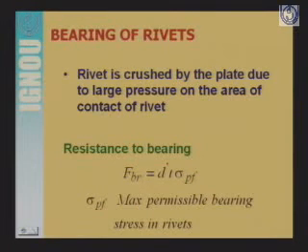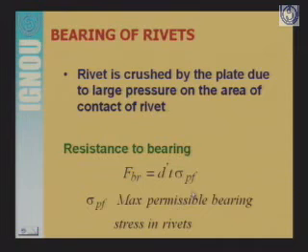Here we can calculate the resistance to bearing for the rivets by using this formula: FBR, which is bearing resistance, equal to D dash into T. This is the projected area or the effective area for the bearing of rivets, where D dash is the gross diameter of the rivet and T is the thickness of the plate. This effective area is multiplied by sigma PF, the maximum permissible bearing stress in rivets.